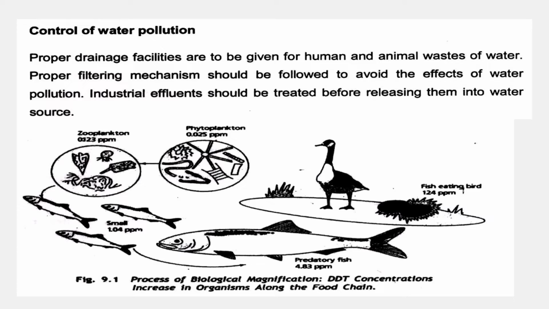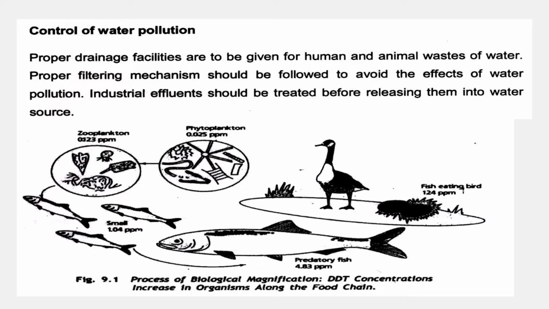Okay. Now these are the two plankton, plants and animals. That is eaten by fish. That is eaten by small fish. Just understand the following slides. First phytoplankton, zooplankton.